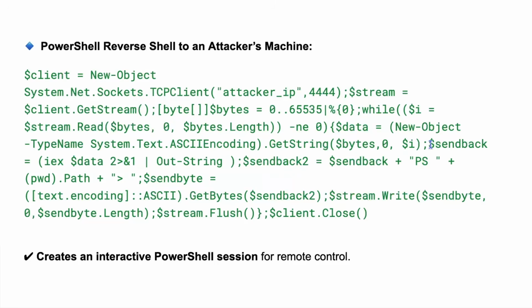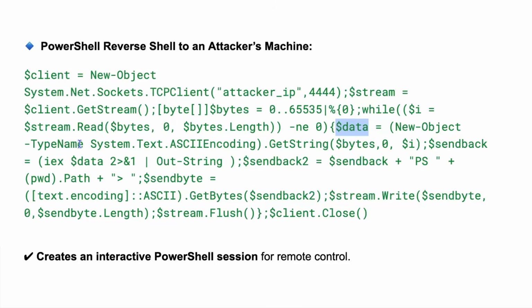So we have the send back. I want to say that it's here somewhere. Or I'm sorry, we're creating the send back. My apologies. So we're creating the send back variable right here, which executes the IEX, which is the invoke expression, and it does it on the data variable, which was created inside of our while loop right here.